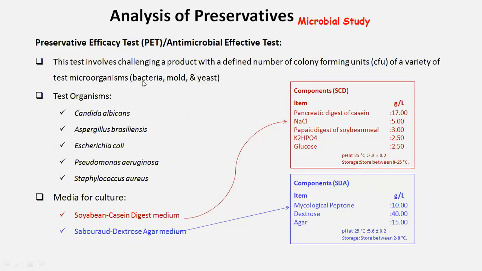Those microorganisms include bacteria, mold, and yeast. Examples of the test organisms include Candida albicans, Aspergillus brasiliensis, Escherichia coli, Pseudomonas aeruginosa, and Staphylococcus aureus. And the media for culturing of these organisms include soybean casein digest medium and Sabouraud dextrose agar medium.